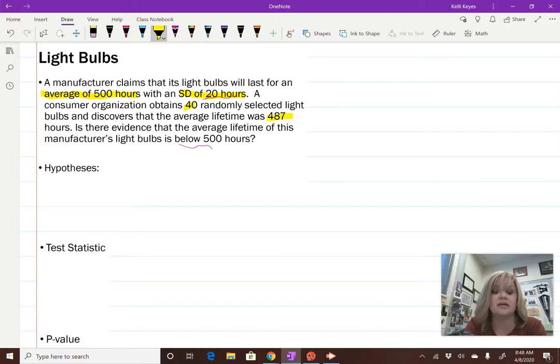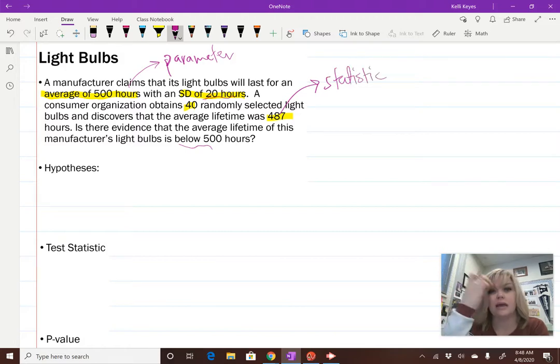That's the statistic, because it came from the sample of 40. So this is the parameter, and this is the statistic. And then right here, is there evidence that the average lifetime is below 500? That's going to be helpful when we write the alternative hypothesis in just a second.